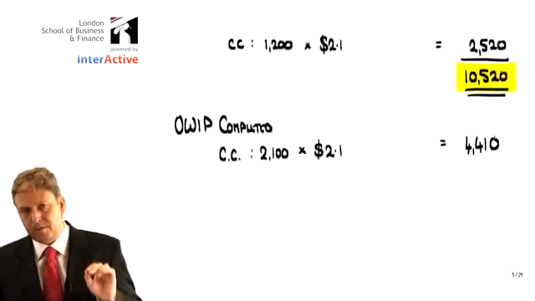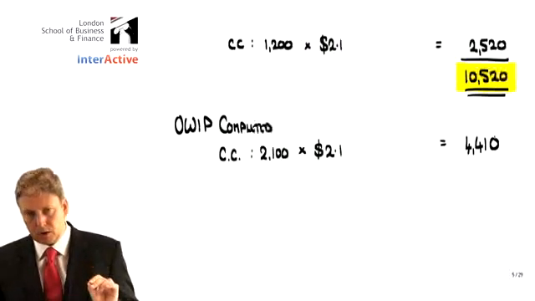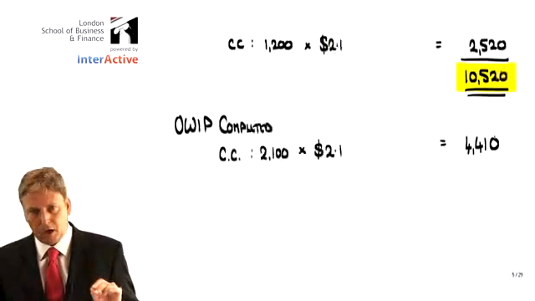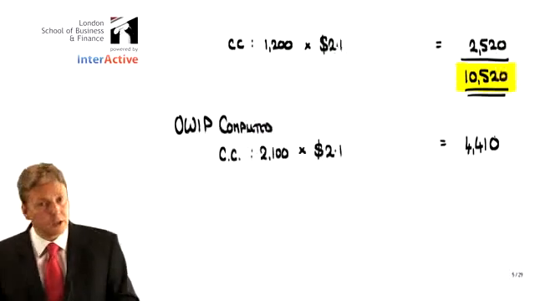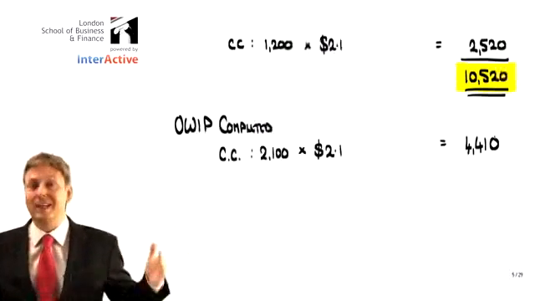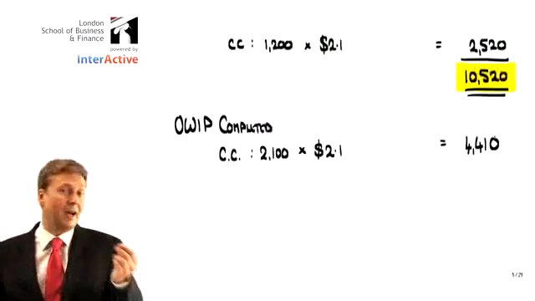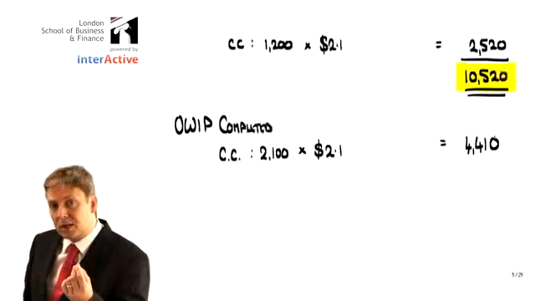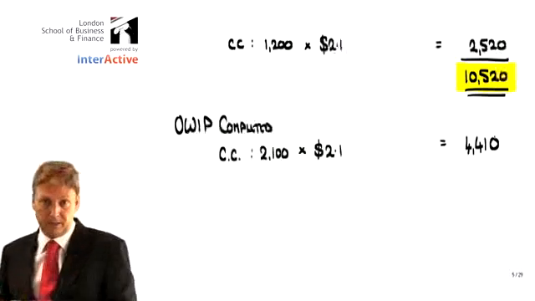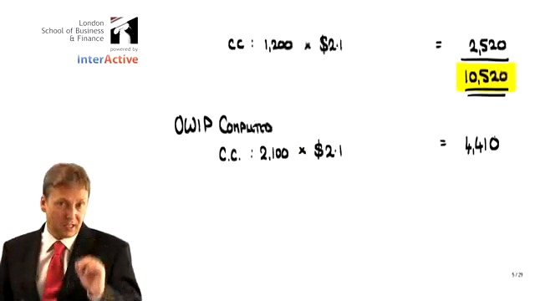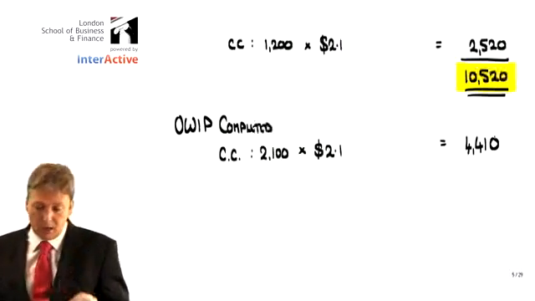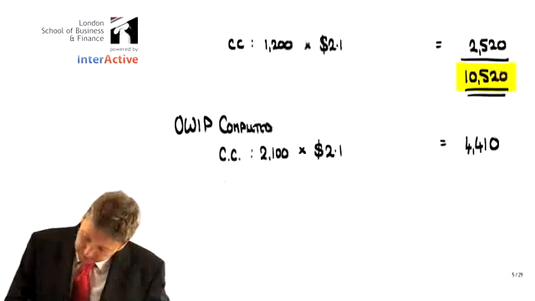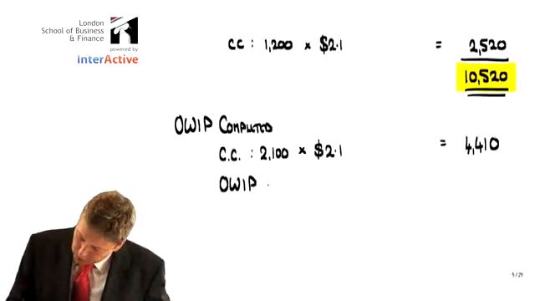Does that reflect the full cost of the OWIP completed? Well, the answer is, during this period, yes, it does. But what we have to remember, of course, is that there was work done and hence cost incurred during the previous period. And that has not yet been included. So, we're going to have to include that as an OWIP valuation.